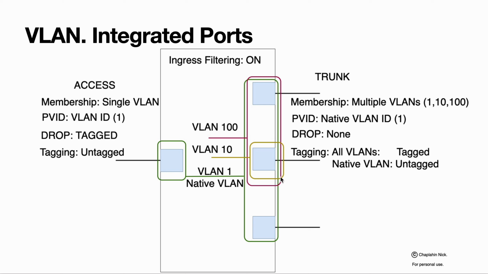Drop none, because a trunk port expects to operate with tagged and untagged frames. Tagging for all VLANs except the native VLAN is tagged, and for the native VLAN it's untagged.